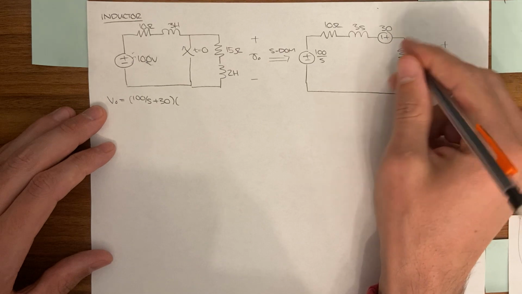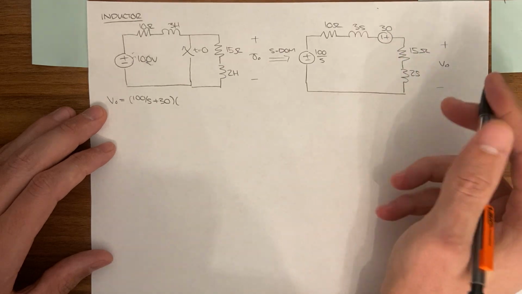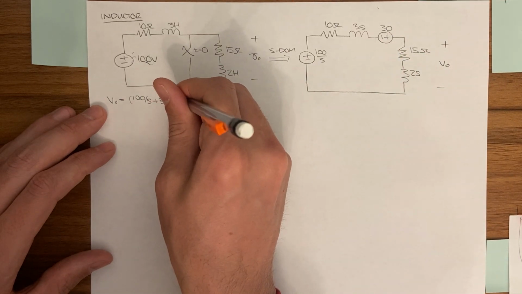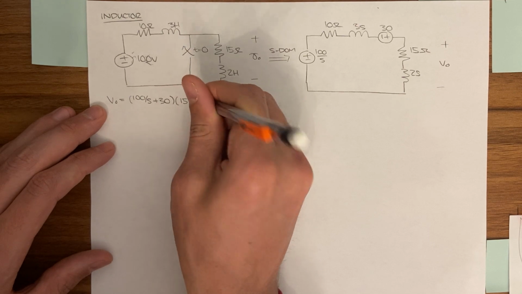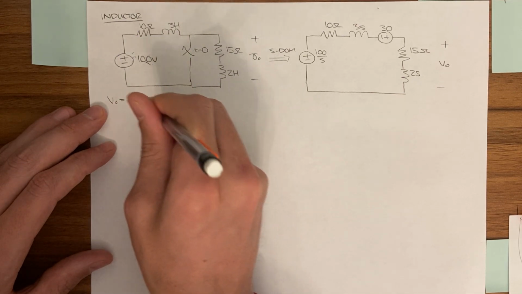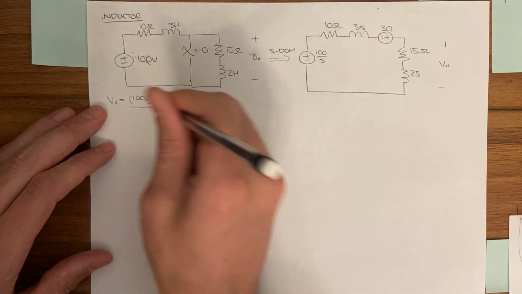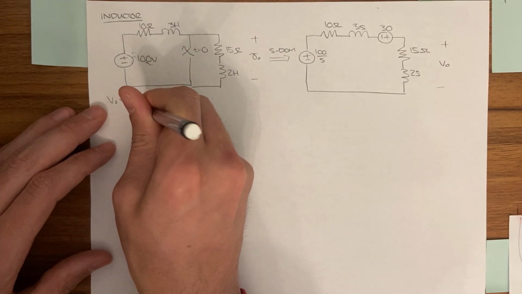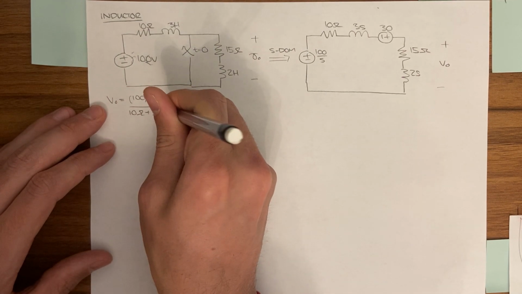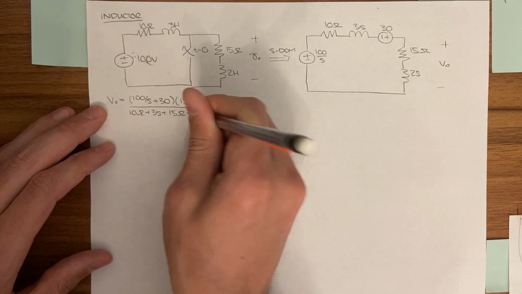The impedance we care about is 15 plus 2S. Then we've got a bunch of stuff in series: 10 ohms plus 3S plus 15 ohms plus 2S.